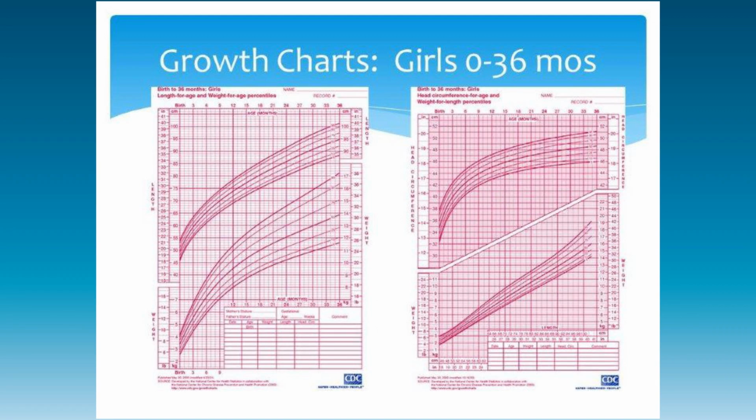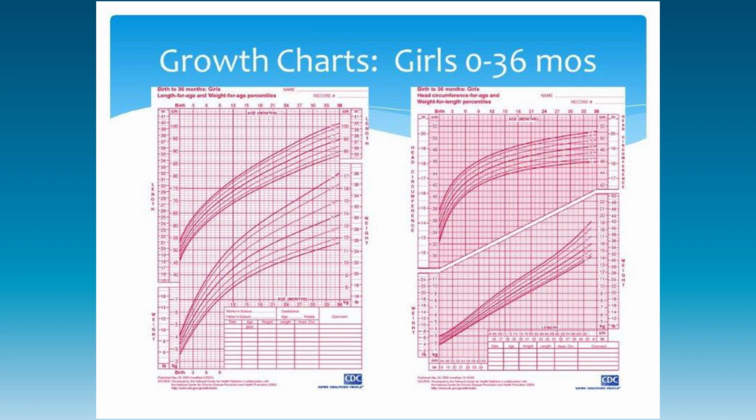Here's the 0 to 36 months. So you have weight for age here, and then length for age up here. That's the front, and then the back of the growth chart is your weight for length and then your head circumference. And we do plot head circumference for the 0 to 36 months because it does tell us about their nutrition. So if their head circumference is plotting small, it can mean that they're not growing properly.